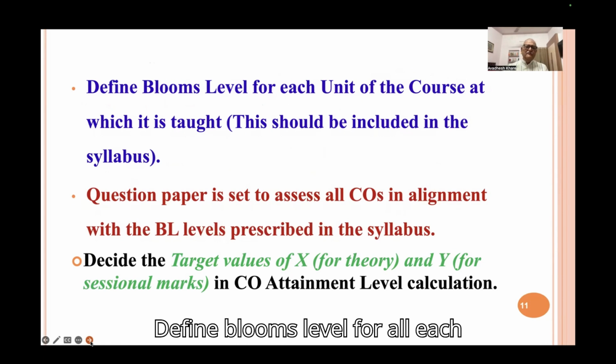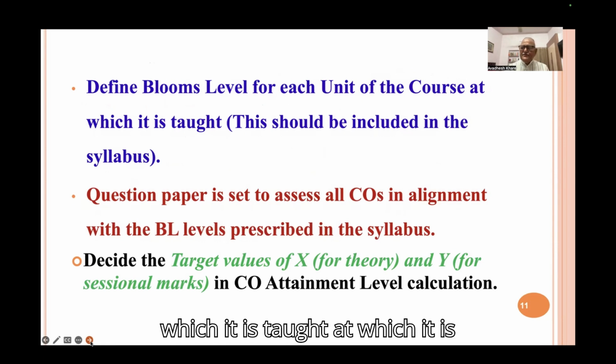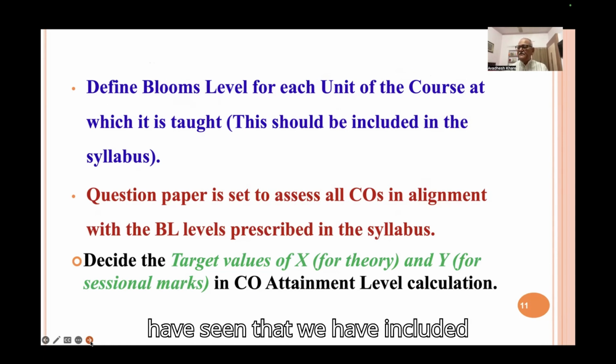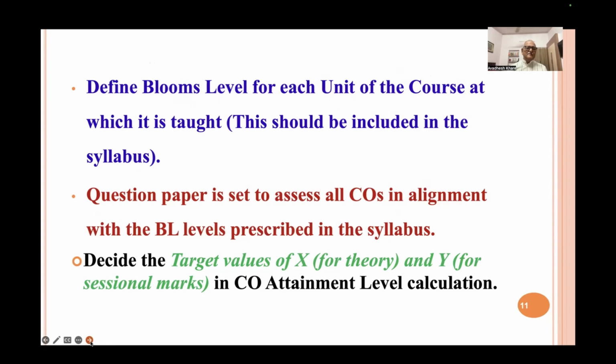Define Bloom's level for each unit of the course at which it is taught, at which it is delivered. And this must be included in the syllabus, as we have seen that we have included it. Question paper should be set to assess all COs in alignment with BL level prescribed in the syllabus.